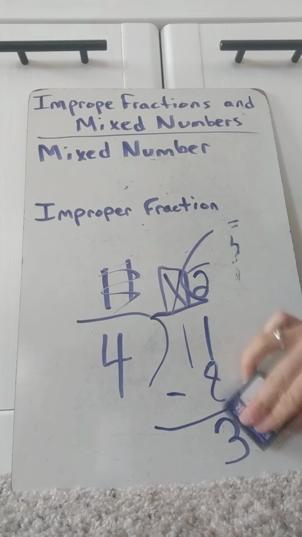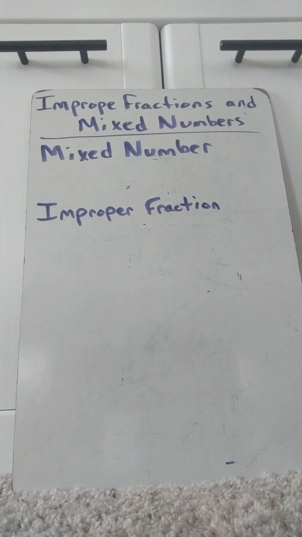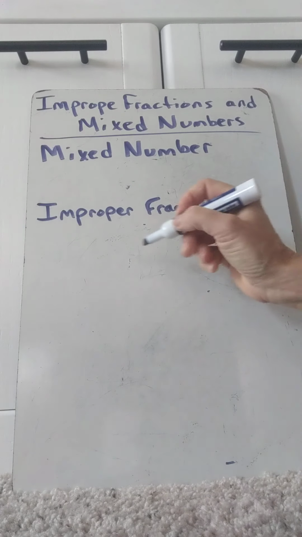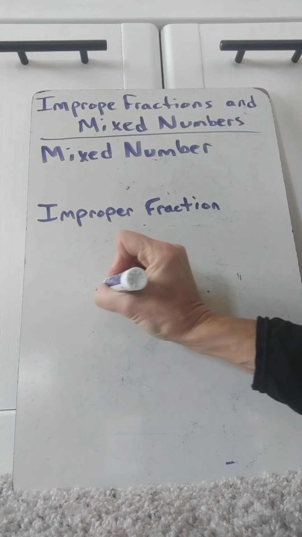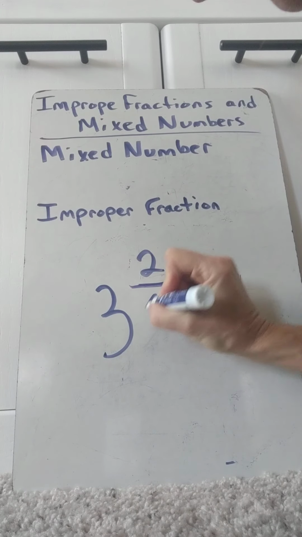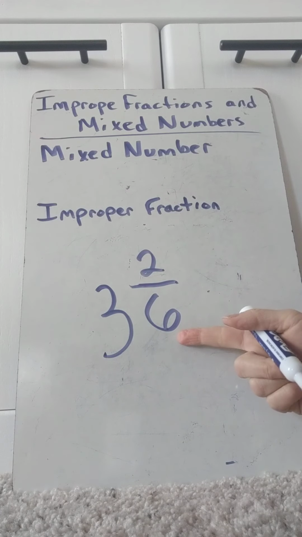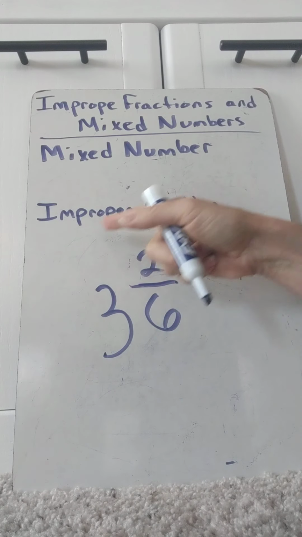Okay, now I'm going to give you another example of going from a mixed number to an improper fraction. One more example. Now remember, you always start at the bottom, start with your denominator, and you work around like a clock.